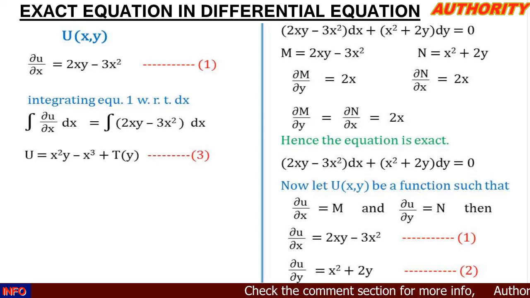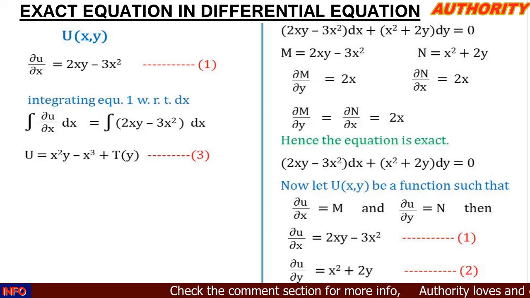What is it going to give us? We take y as a constant. The integral of 2x is x squared, so here we have x squared y. Now, the next part, we integrate minus 3x squared with respect to x. That is going to give us minus x cubed.